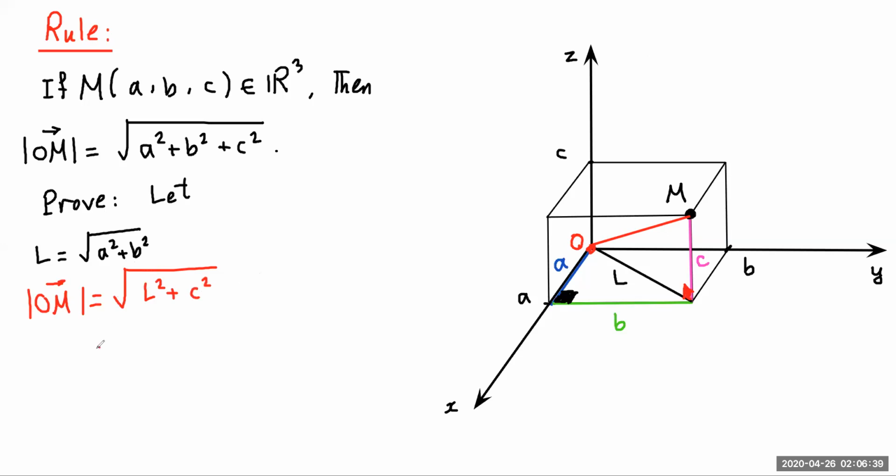What is L power 2? It's a power 2 plus b power 2. This is L power 2 plus c power 2. And this proves my rule.